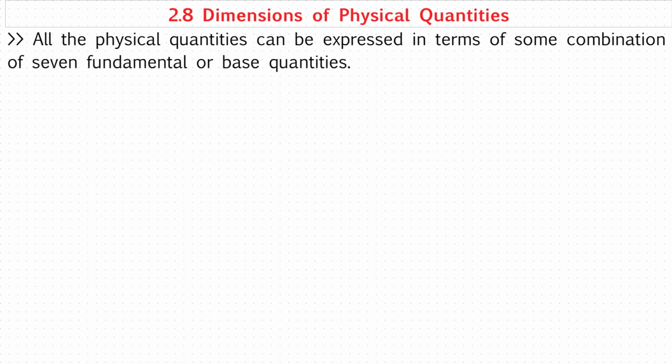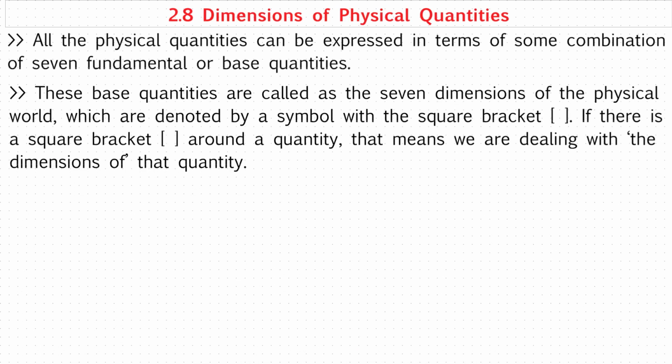First of all, we know that all the quantities can be expressed in terms of some combination of 7 fundamental or base quantities. These 7 quantities are called the 7 dimensions of the physical world, which are denoted by a symbol and a square bracket around it.